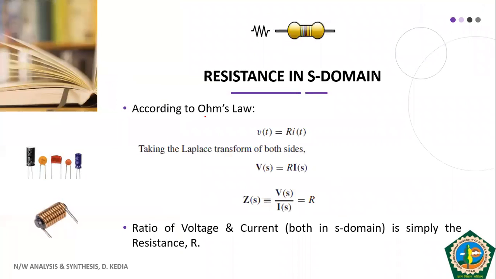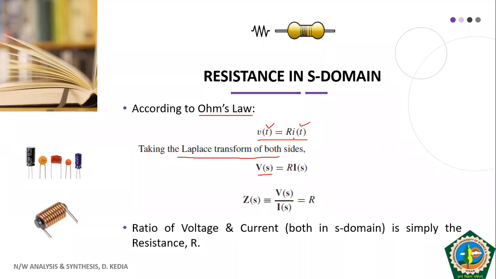Okay, so Ohm's law, you all know, according to Ohm's law, V is equal to IR. Your voltage and current are functions of time, because we have in our circuits an inductor and capacitor, which give us time domain behavior. Fine. If we take Laplace transform on both sides, v(t) will become V(s).